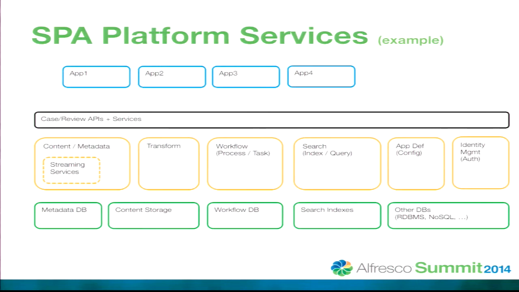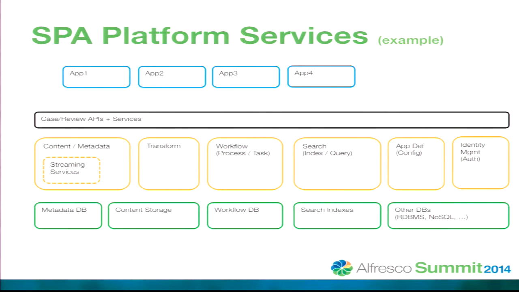Those sit on top of these smaller services, including content and metadata, which you might think of as the core repo I've just been talking about, but also transformations broken out, workflow or process driven by the Activiti engine, and search and index queries, either through Solr or something like Elasticsearch. These applications are defined in terms of a config, and there are other things like identity management, and those sit on top of their stores.